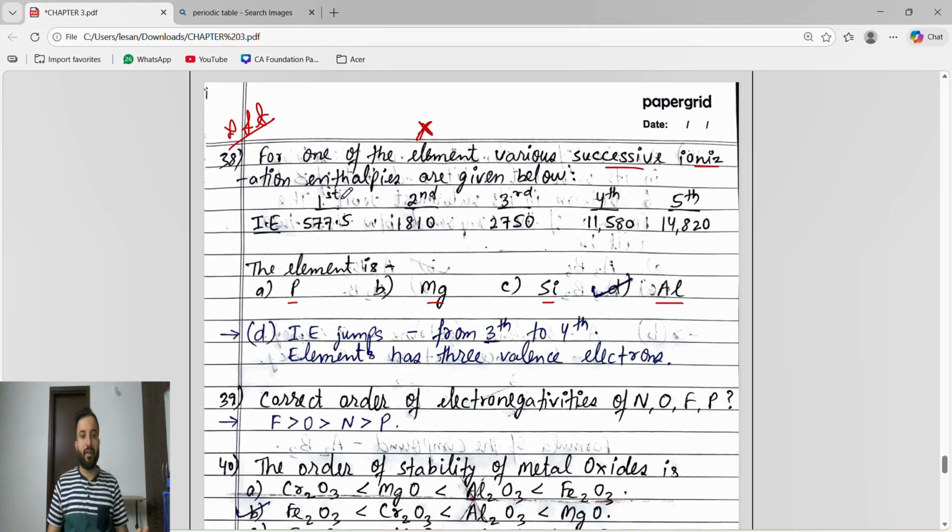Now guys, understand one thing. They will give you any one element, and with that element they will give the successive ionization enthalpies.